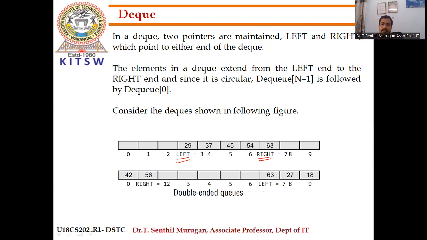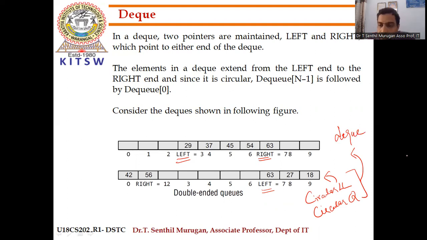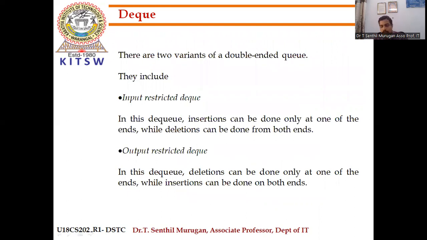When we delete an element, the left pointer will move to the right. We can implement it using a circular queue or circular linked list. Using these two concepts, we can implement the Deque. So we are using two pointers, and these two pointers are used to perform the operations in the Deque.